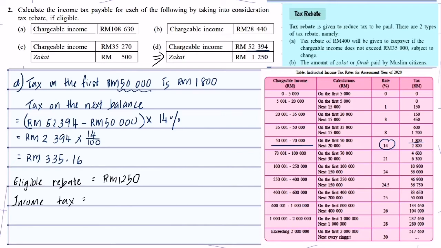Okay, so RM 1,800 plus RM 335 ringgit 16 cents minus the tax rebate RM 1,250 equals RM 885 ringgit 16 cents.